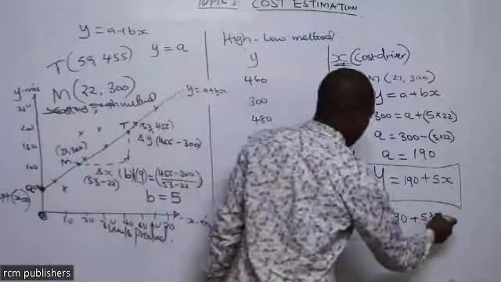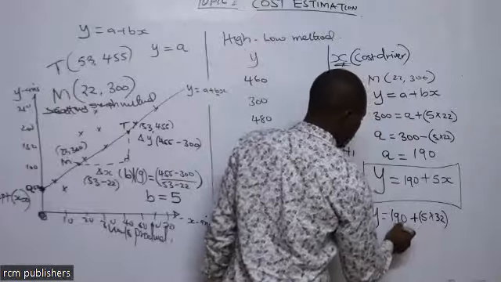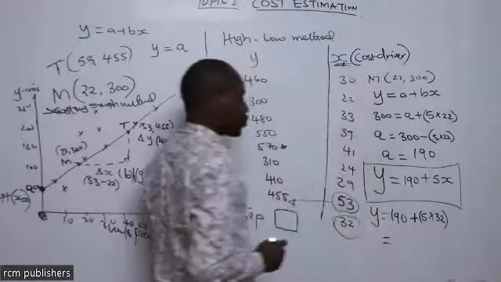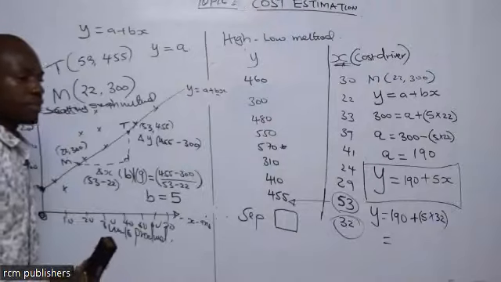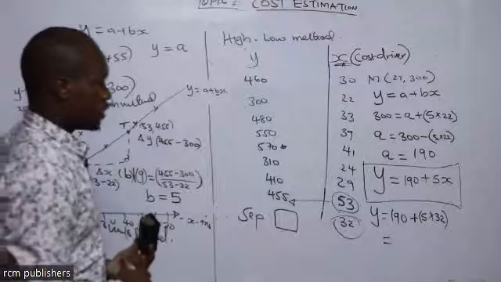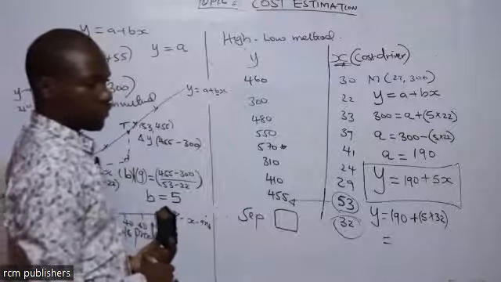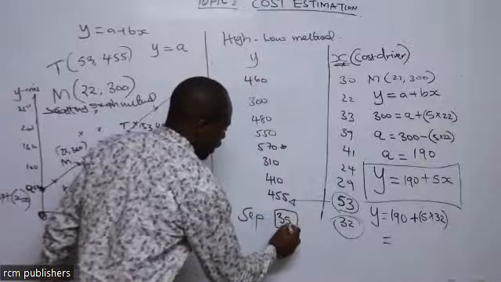So I take 5 by 32, and I add it to the fixed cost. What will be my total production cost for the month of September? 350.